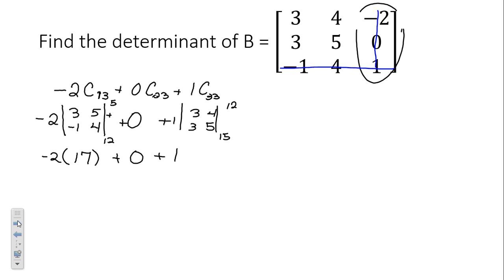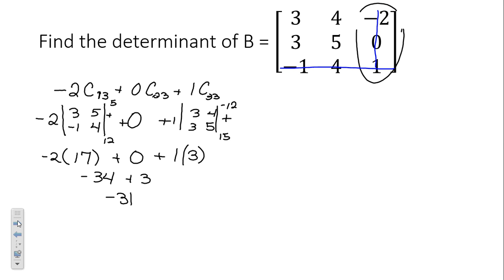Change the sign and add. Okay. So negative 34 plus 3 gets us negative 31. Okay. Had you decided instead to expand by minors for the second row, you still would have gotten negative 31. Okay? But the zeros just mean that we have one less determinant to work with. One less 2 by 2. Make sense?